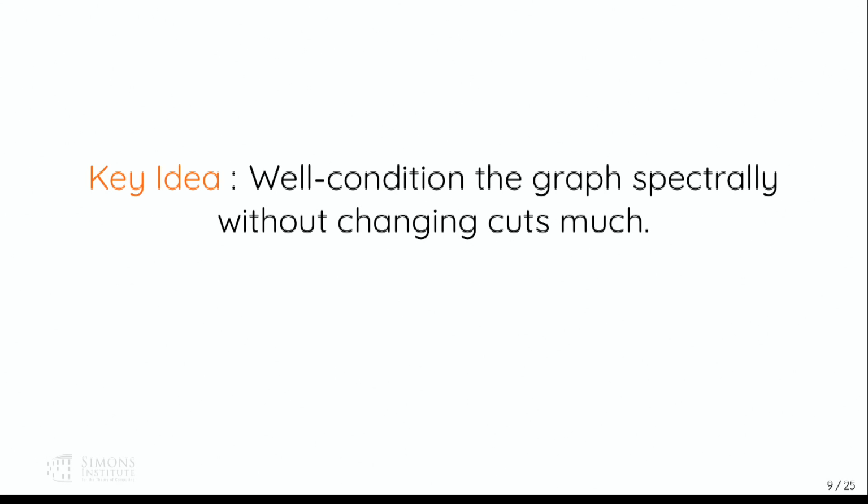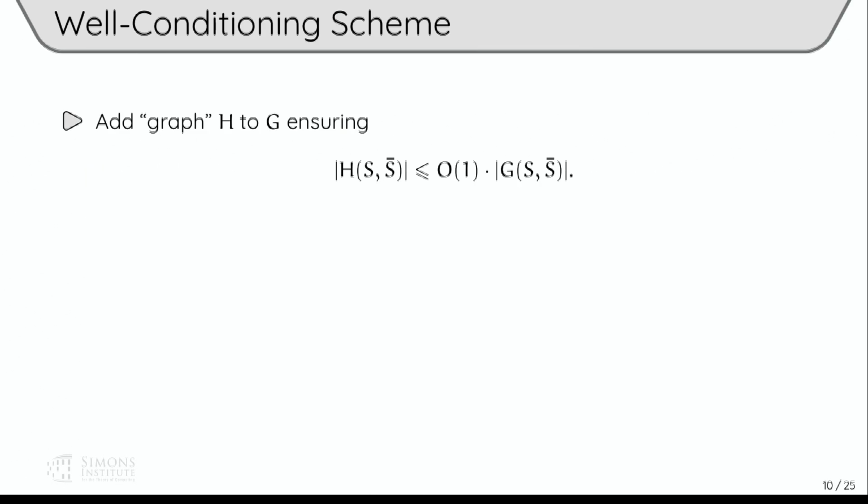Okay. But let me focus now on the more important issue, which is how do you go from the weaker assumption of k-edge connectivity to the stronger assumption of electrical k-edge connectivity. The basic idea is that we can add things to our graph to make it more spectrally well conditioned. What does that mean? Assume that you start from your graph G, which is k-edge connected, and you add a bunch of edges from a graph H on the same set of nodes.